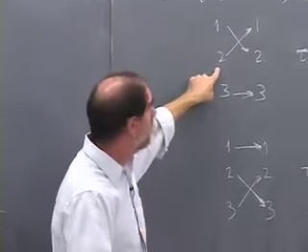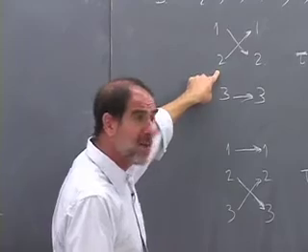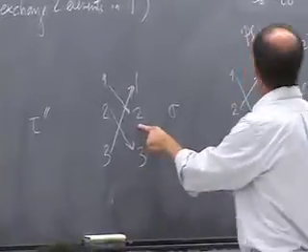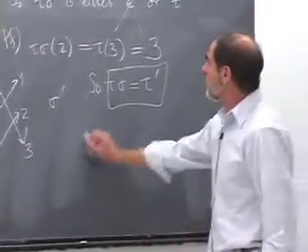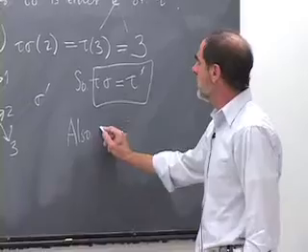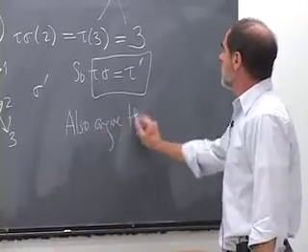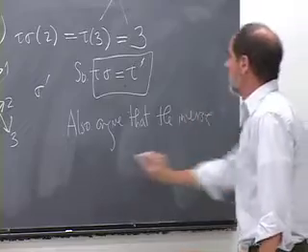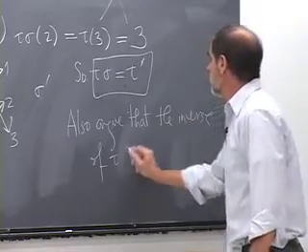Inverses are unique. The only possible thing that when you multiply by tau, you get back to the identity is tau. Sigma doesn't look like tau. So you could also argue, very good, that the inverse of tau is equal to tau.